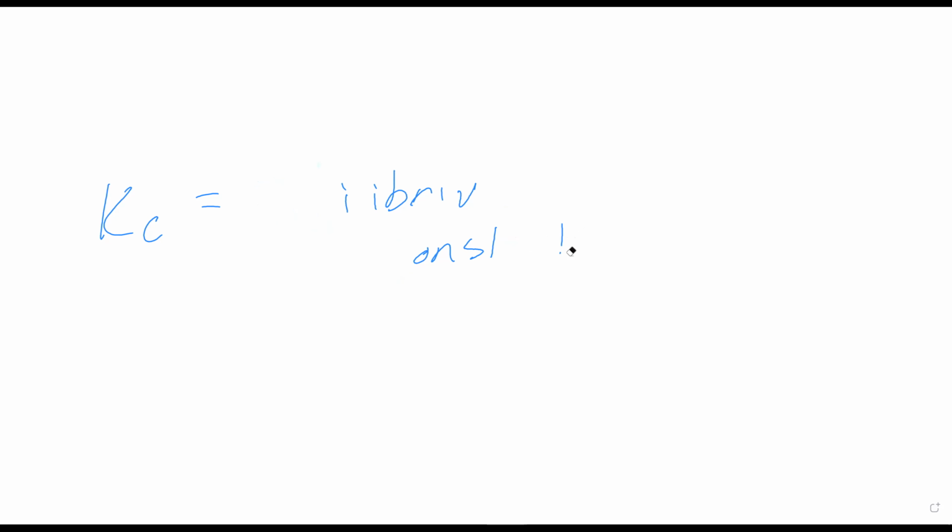So let me erase all this. The easiest way to solve for Kc is to look at an example reaction. Now, Brooks should have done this in class, but just to show it, I will do it here as well. So say for instance, we have this reaction.